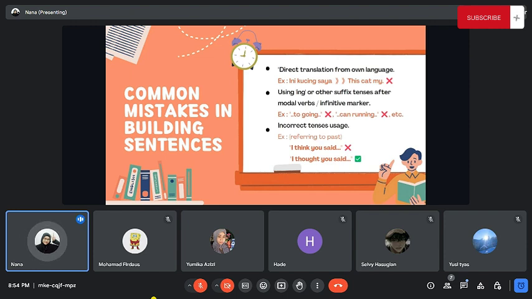But after these words, you cannot add ing or ed, because it's just how English works. If you add it there, it won't be correct because it's not suitable for the sentence. The infinitive marker is to, for example, there you can see to going. It's not correct.